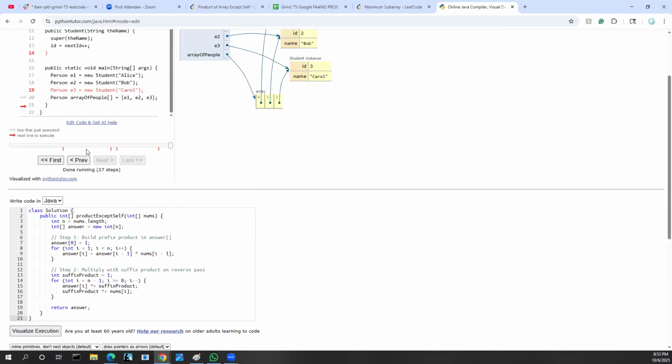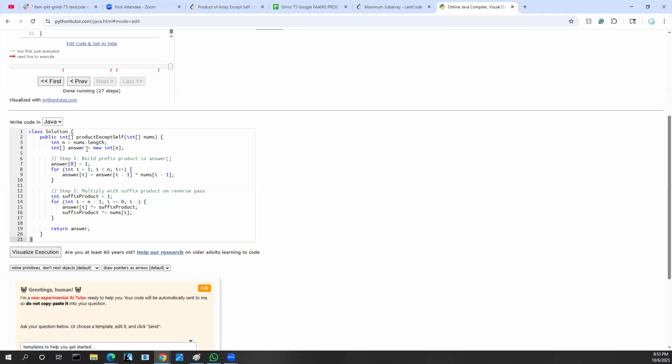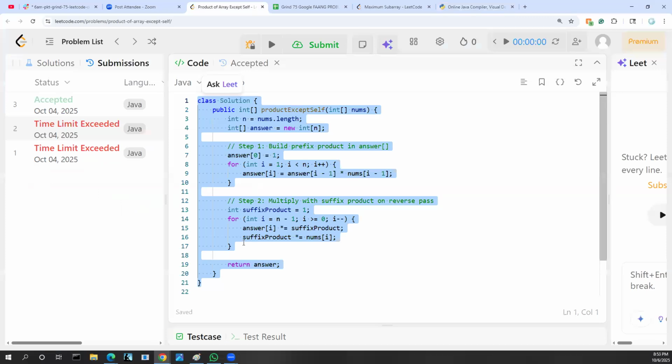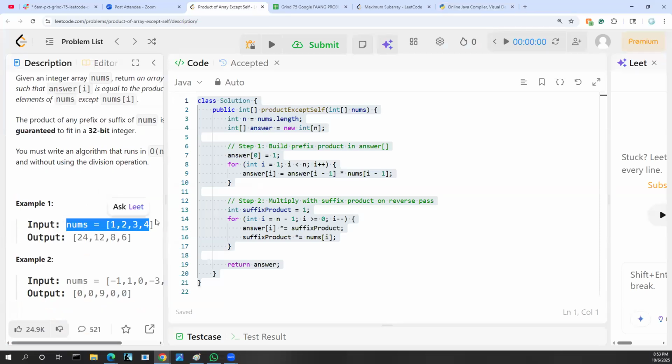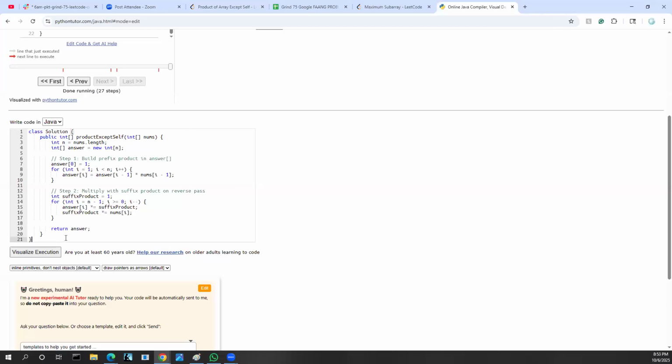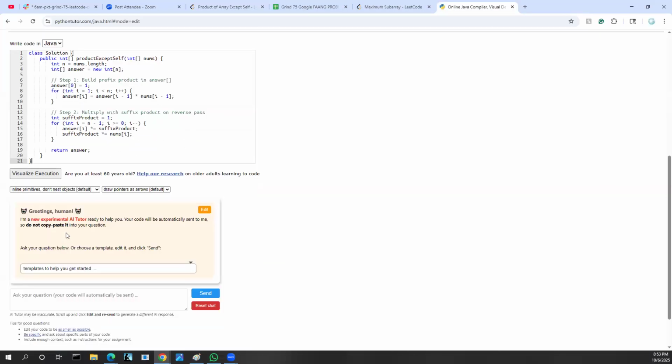Sorry, which one are you referring to? Please go back to the question description and select this nums array. Right, example one, nums of 1, 2, 3, 4, and press enter right after the code.